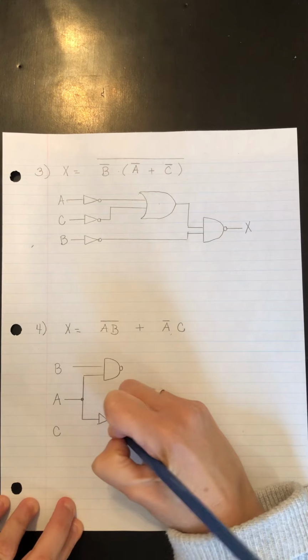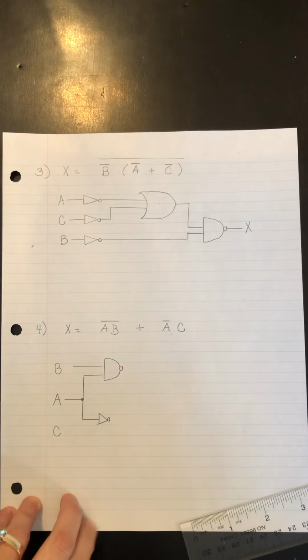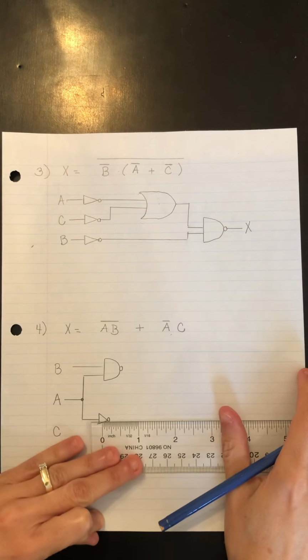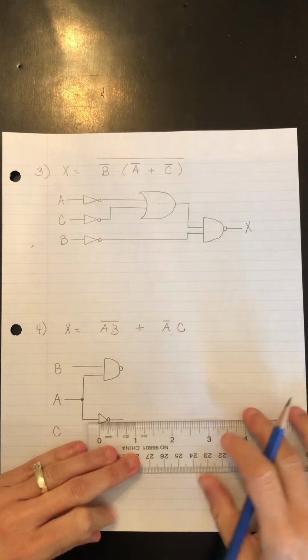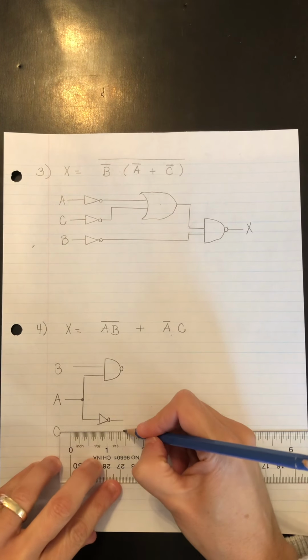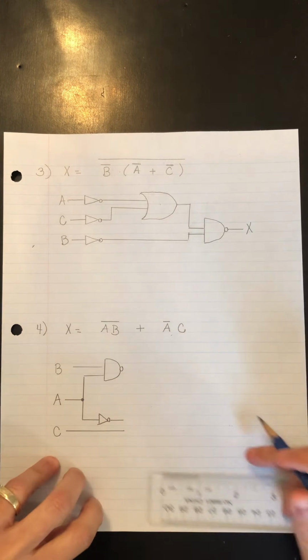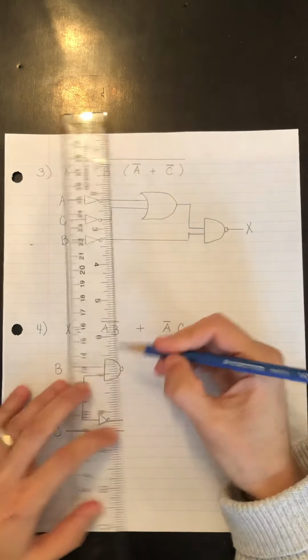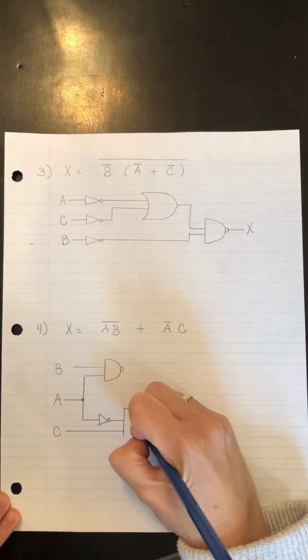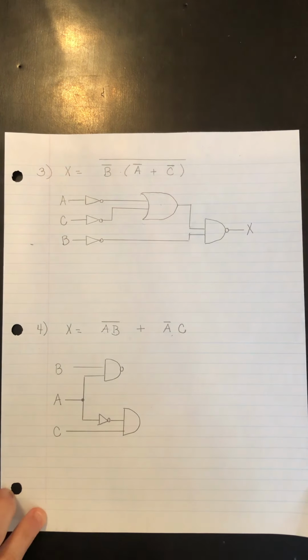All right, so that's my inverter. Kind of short, but whatever. So there's A going through an inverter, and that is going to be multiplied with C. So there's my wire from C. And now I have to show multiplication. So straight in the front, round like that.